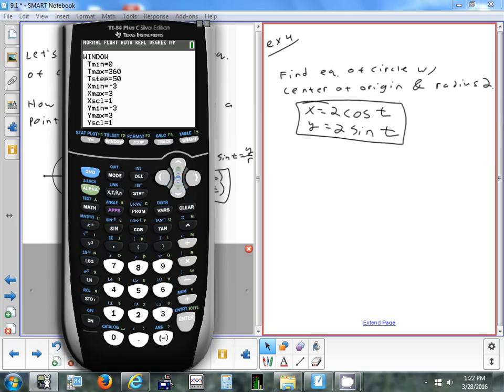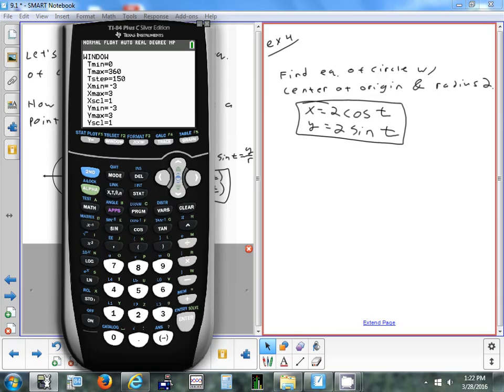Even if you did all the way down to like 170, I think even that would look the same. No, I lied. Like 150, let's see. All right, so you're getting a point, 0, 150, 300, and then you have a gap here of 60 degrees I couldn't do. So the point is, pick a t-step that makes it look good.